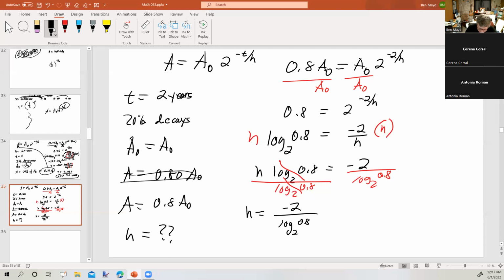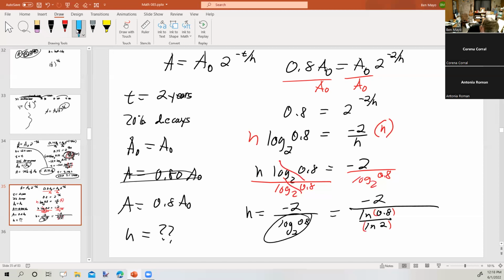I've isolated h, but I'm not quite ready to put it into the calculator. I need to use the change of base formula. Let's use natural log. Natural log of 0.8 divided by natural log of 2.